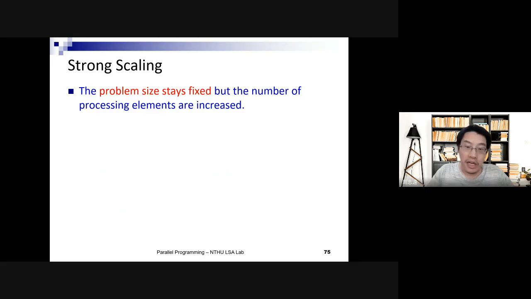So maybe the input you consider is 100 elements. You measure its time on one machine, two machines, four machines, etc. to plot the speedup factor we just mentioned. If you do it in that way, then you are doing a strong scaling experiment to get the speedup factor.